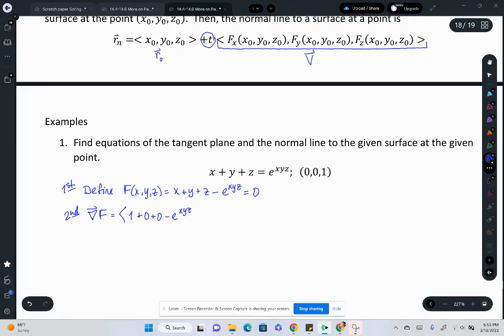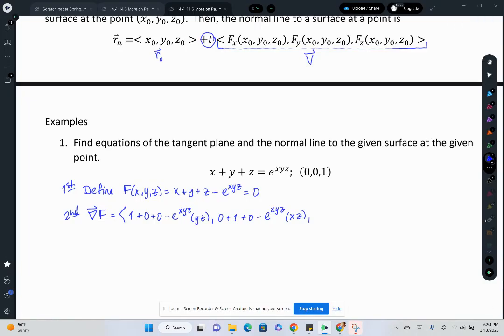The derivative of xyz with respect to x is going to be yz. And then that's our first partial with respect to x. The partial with respect to y will be 0 plus 1 plus 0 minus e to the xyz times the derivative of xyz with respect to y, which will just give us xz, comma.